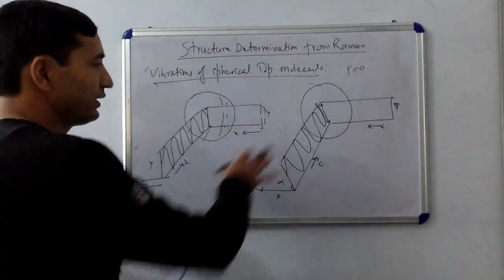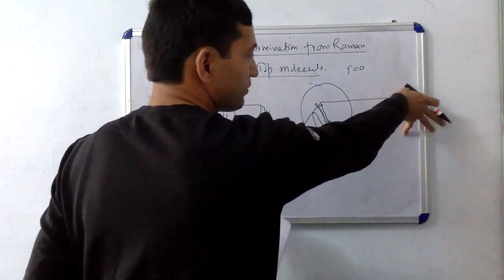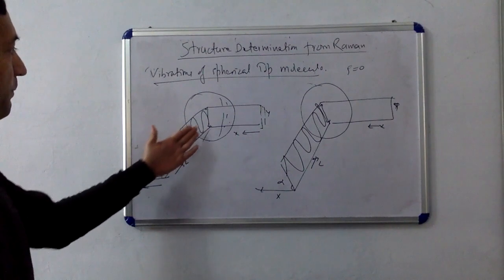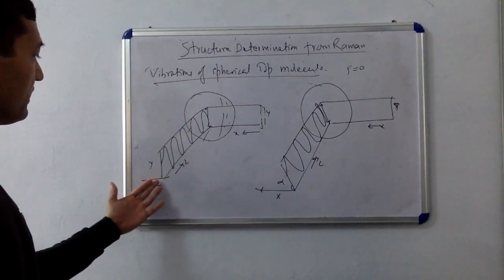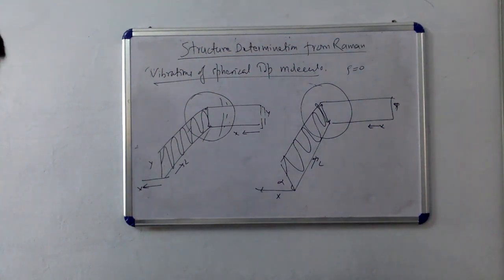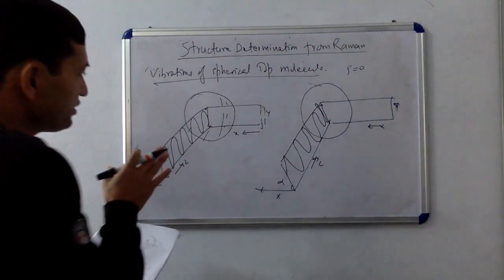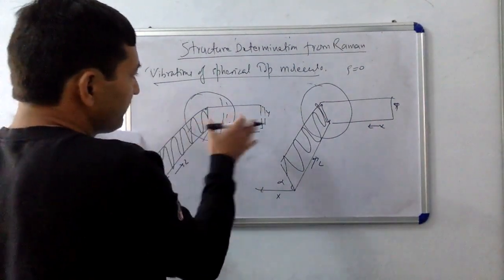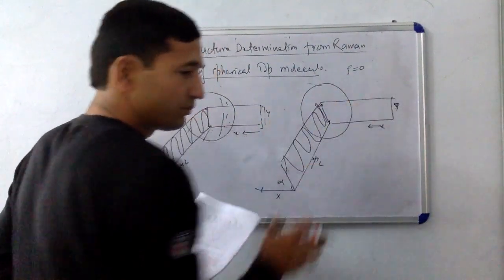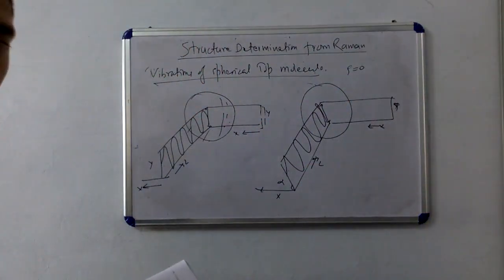Because we have unpolarized light incident and we observe perpendicular to it, the depolarization ratio rho is equal to 0, quite irrespective of the nature of the exciting radiation. So with the breathing frequency, the dipole moment is changing, and the output is completely polarized, linearly polarized light.